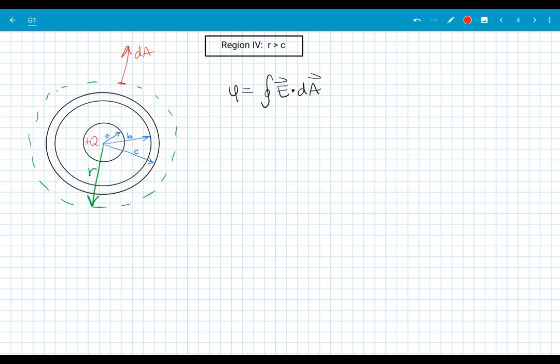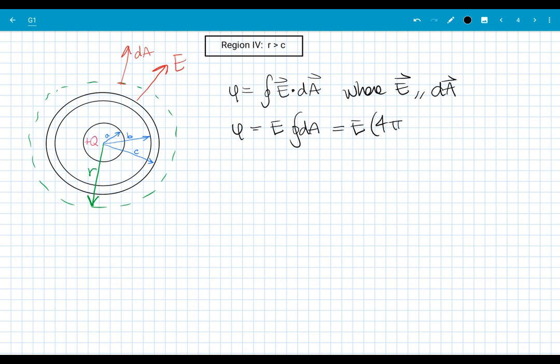So I would say that out here, my E field matches once again with dA. So E is parallel to dA again. Maybe you're seeing why this is an introductory case where these things keep turning out this simple way. So to calculate my flux again, E multiplied by just summing all my dAs, which is again going to give me 4 pi r squared.